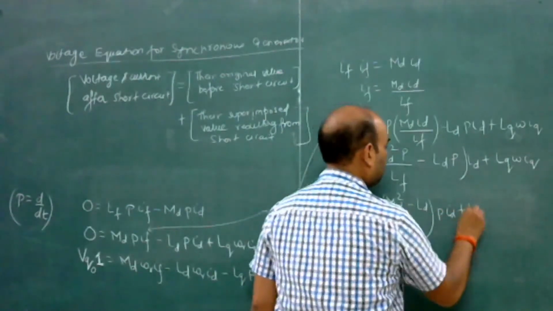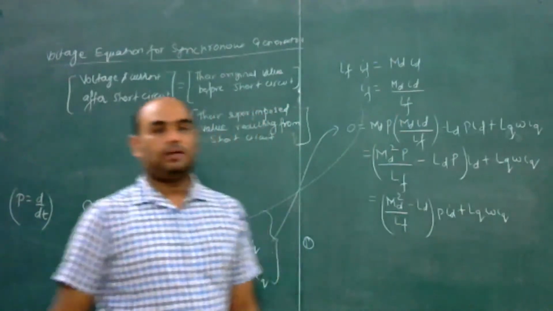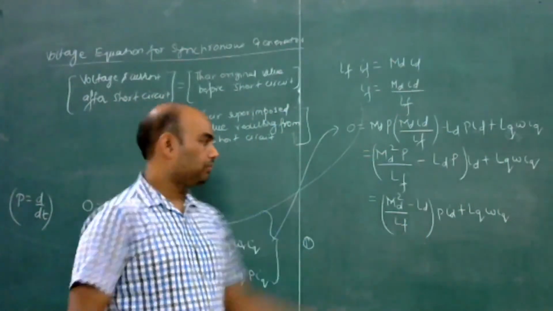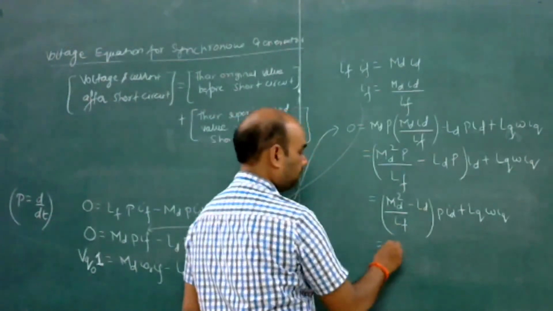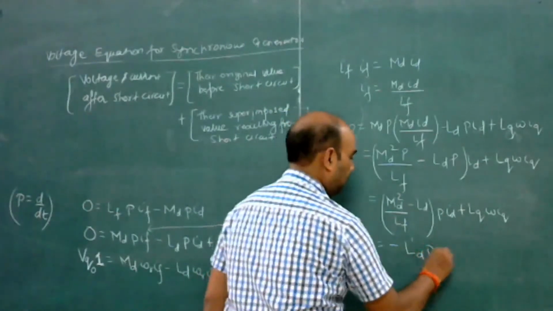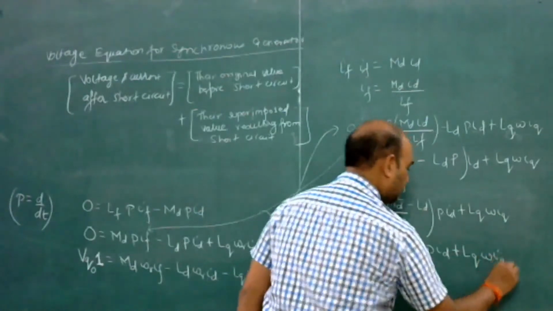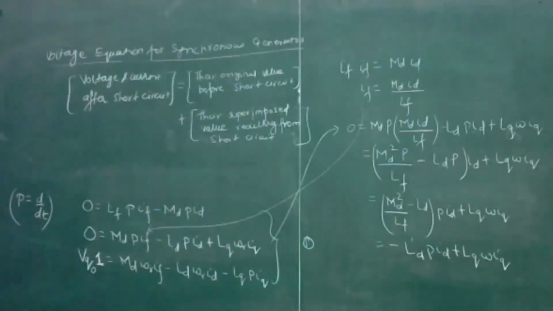Let this be equal to minus LD dash P into ID plus LQ omega into IQ.